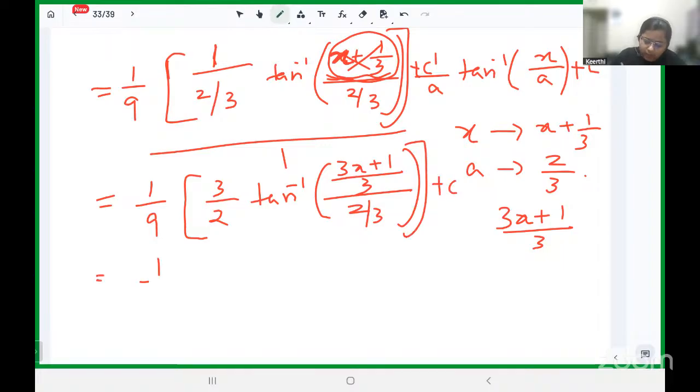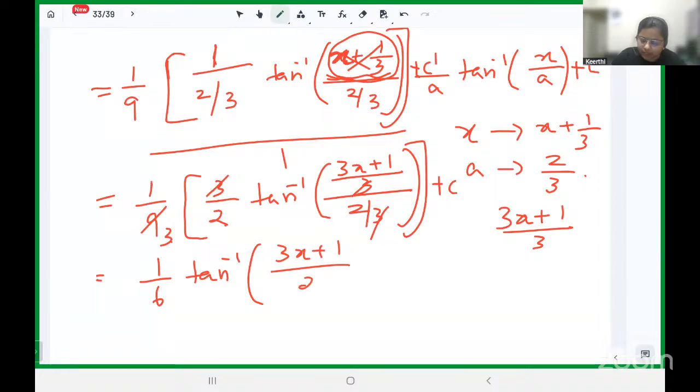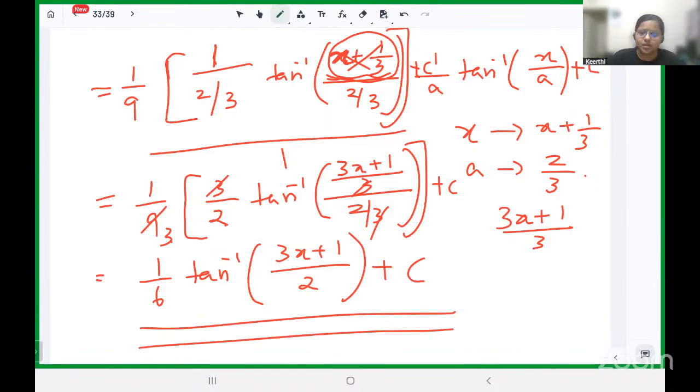Okay, so this is equal to, you can cancel this 3. 3 into 2 is 6, so 1 by 6 tan inverse of, this 3 and this 3 get cancelled, isn't it? So this is tan inverse of 3x plus 1 divided by 2 plus c. Okay, so this is our value of the integral.